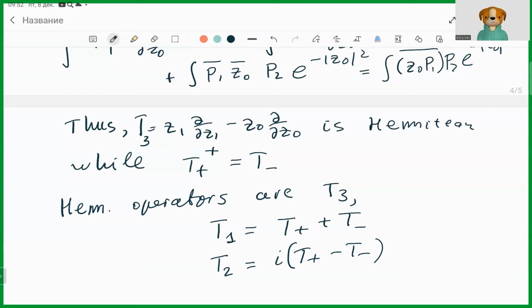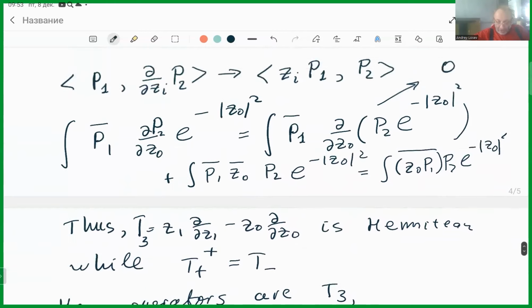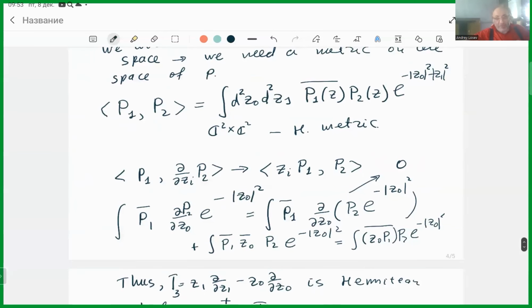Can you remind me where the exponential of z squared comes from? The exponential of z squared was coming when I was trying to define a Hermitian product. You see, I have two polynomials. The question is, how can I get a number out of them?